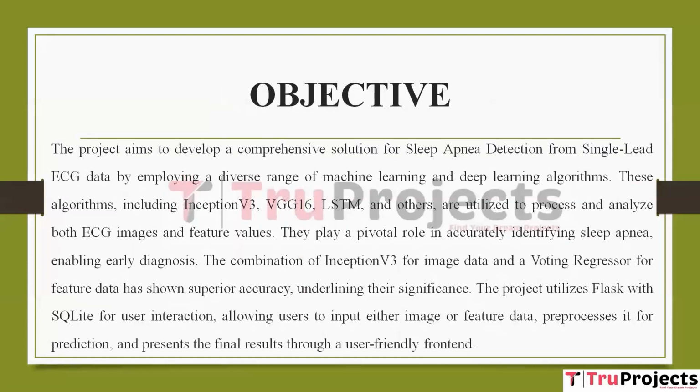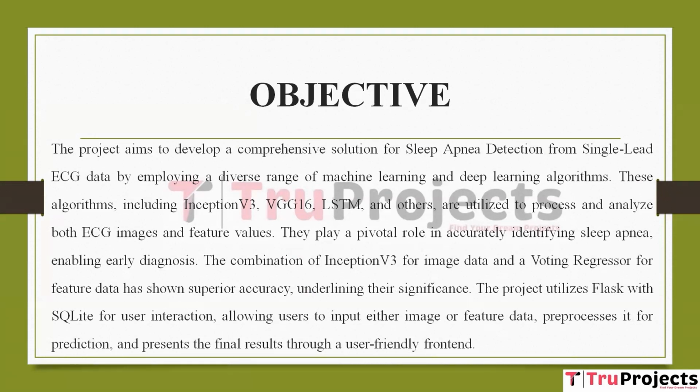The project uses a wide variety of machine learning and deep learning techniques to produce a comprehensive solution for sleep apnea detection using single-lead ECG data. These algorithms, which process and examine feature values and ECG images, include Inception V3, VGG16, LSTM, and others. They are crucial in correctly diagnosing sleep apnea and allowing for an early diagnosis.